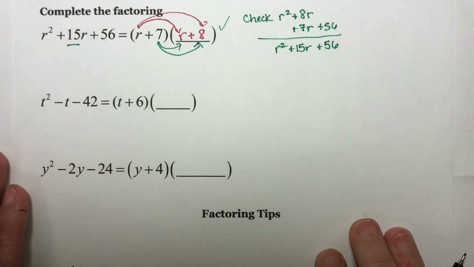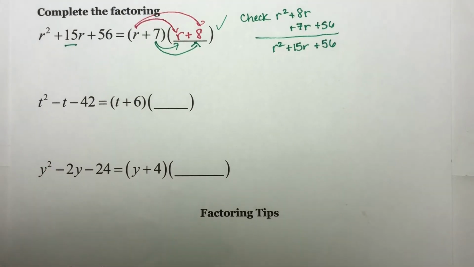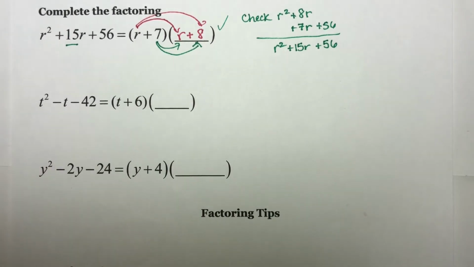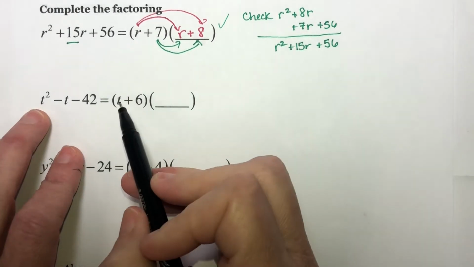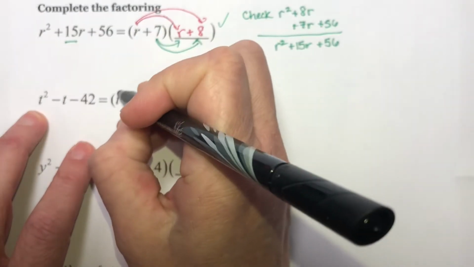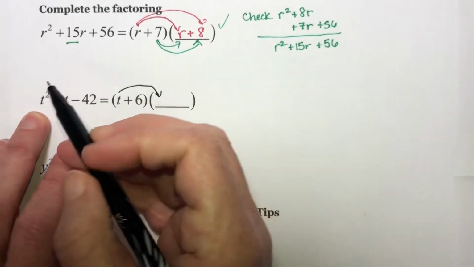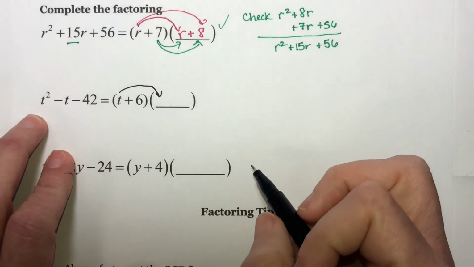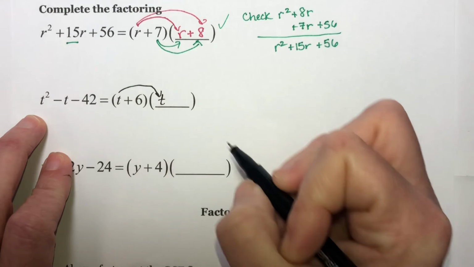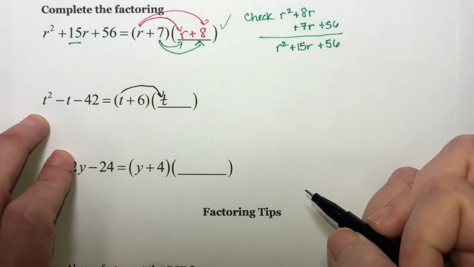Now we're going to keep doing this. We're going to make a decent guess, and then we're going to check. All right, so I would need t times something, hopefully to give me a t squared. So I'm going to guess that this is a t. I might be wrong. This is just an educated guess.